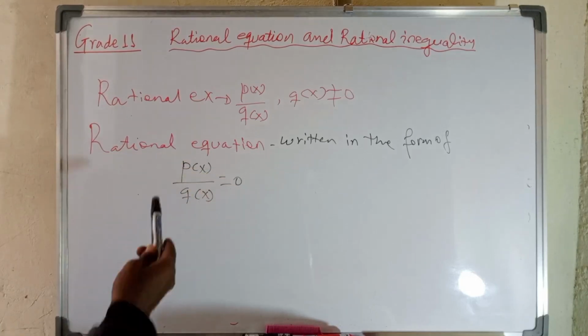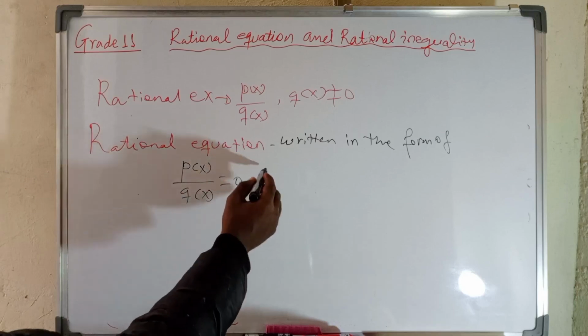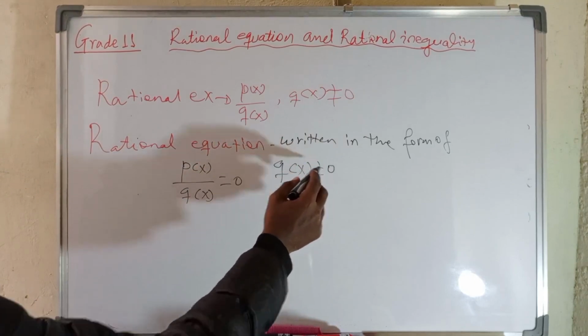Here, P of x is a polynomial expression and Q of x is a polynomial expression. And also Q of x is different from 0.